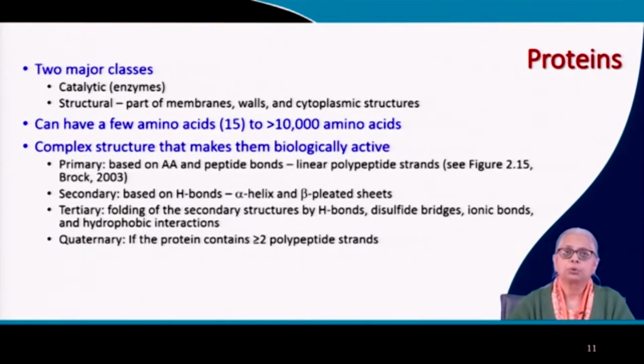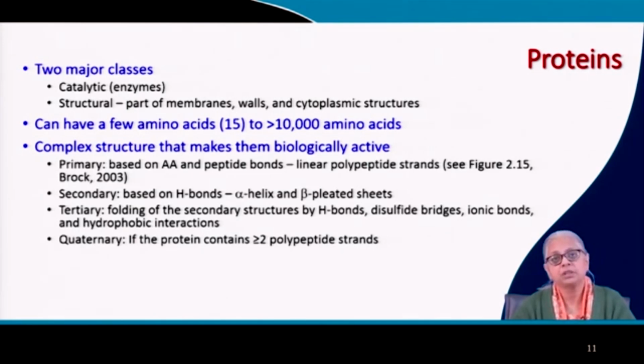Since we are looking at proteins, there are two classes of proteins based on their function. So we have catalytic proteins, which are enzymes, and we have structural proteins, which are part of the membranes, walls, cytoplasmic structures, and these are the proteins that have very important functions as well. Okay.